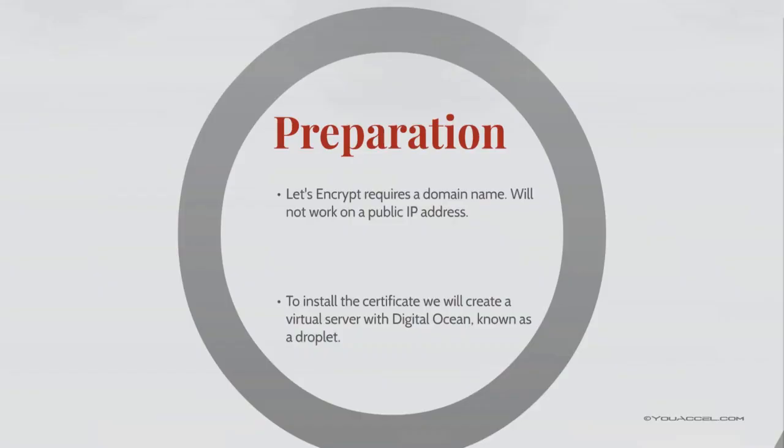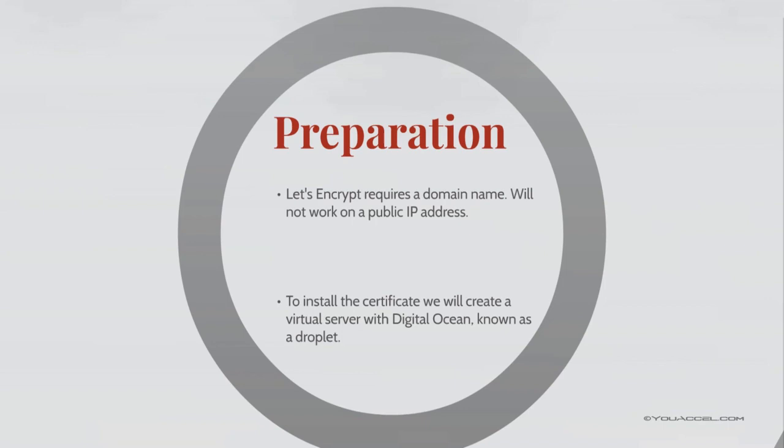We'll need to take some steps before we get started on our project. First, we'll need to register a domain name. A certificate cannot be installed for a server with only a public IP address. The domain name can be purchased through any registrar of your choice. Once we have our domain name, we'll also need to create a droplet with DigitalOcean.